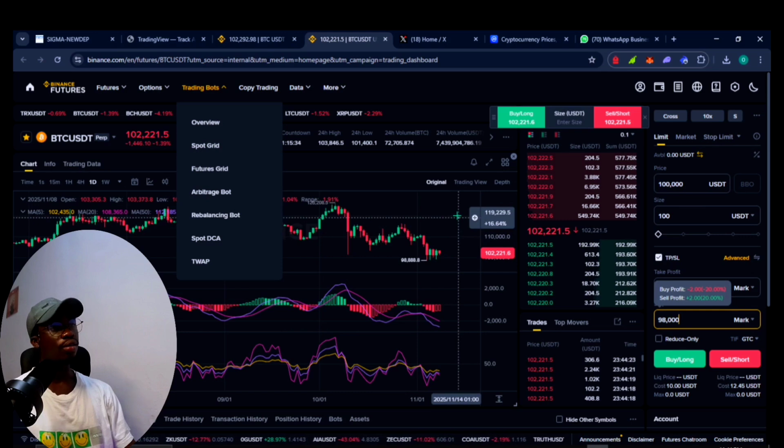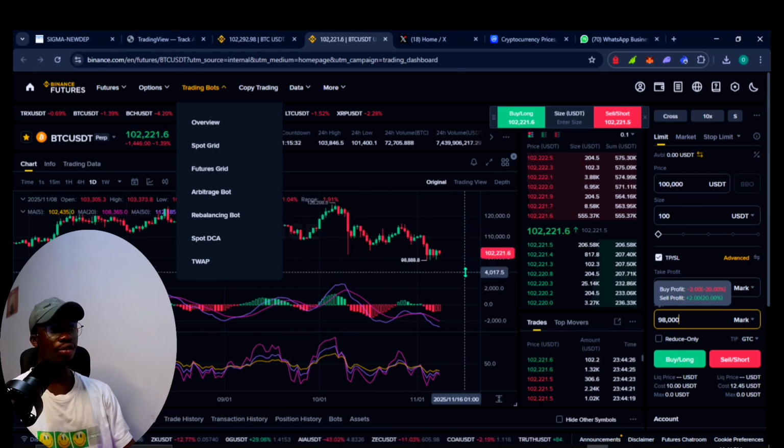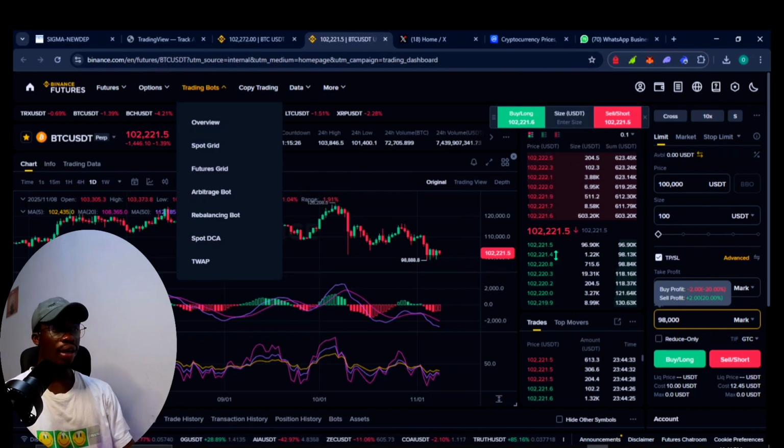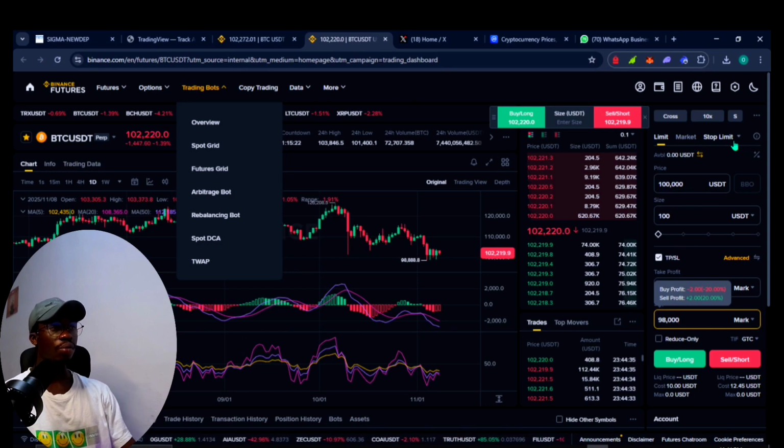Until that time, it is not going to come down to the price of $90,000. How can you set the market's order for this? You would use your stop limit order.